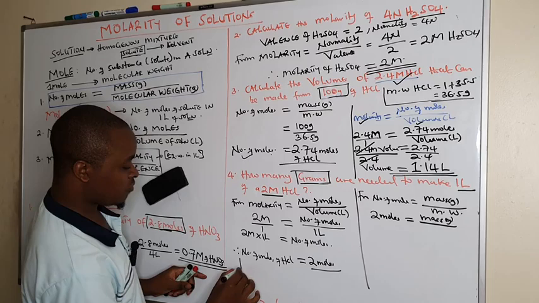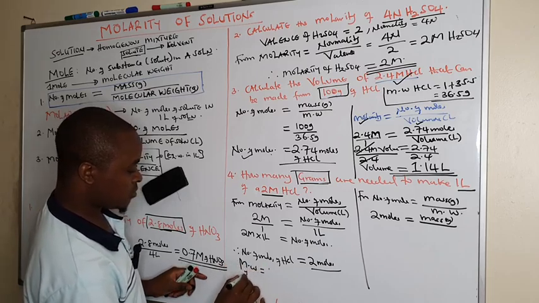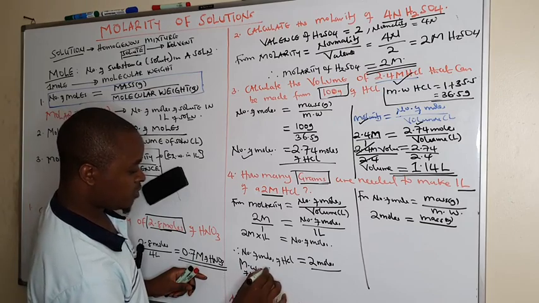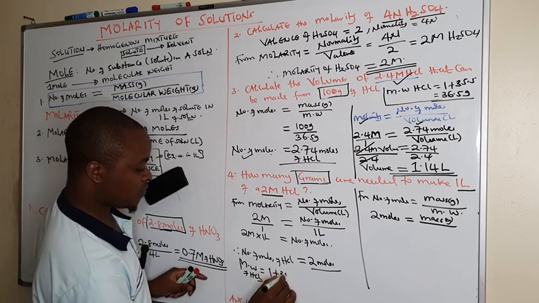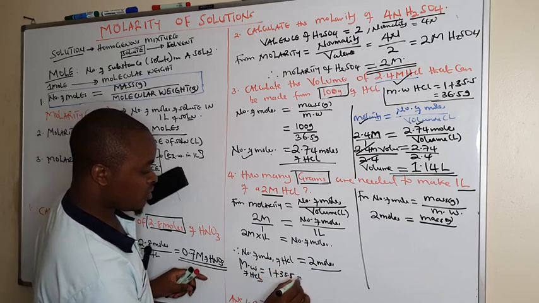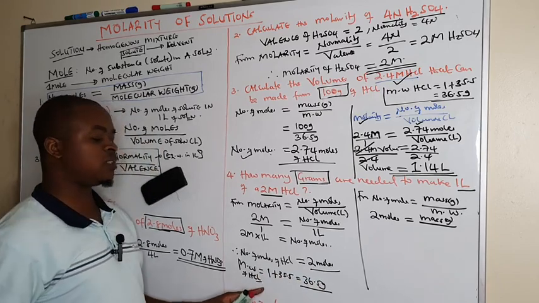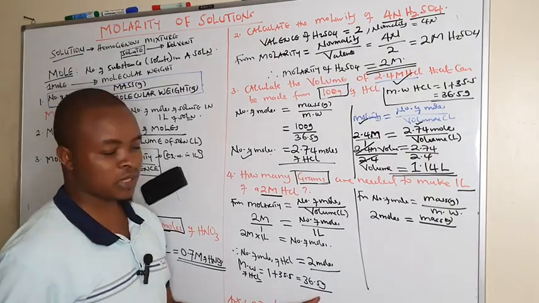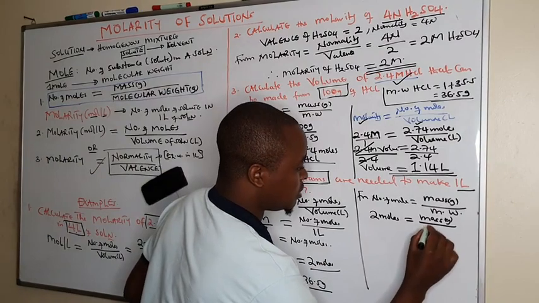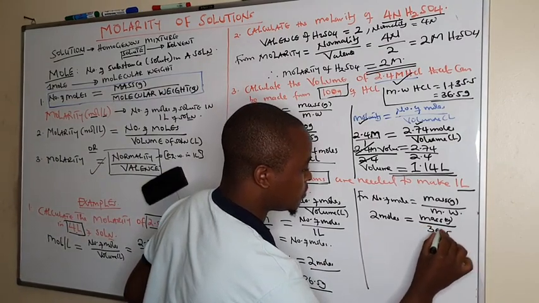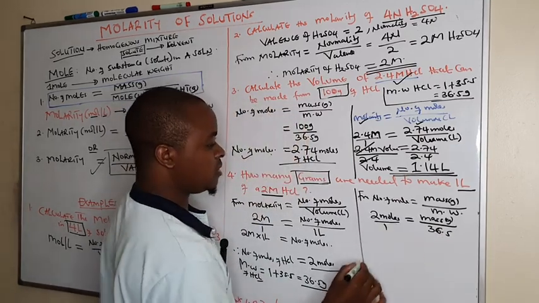And the molecular weight of hydrochloric acid is equal to hydrogen, which is 1, plus the molecular mass of chlorine, which is 35.5. You get 36.5 grams. So the molecular weight of hydrochloric acid is 36.5. So we come and put it here. Then we cross multiply.